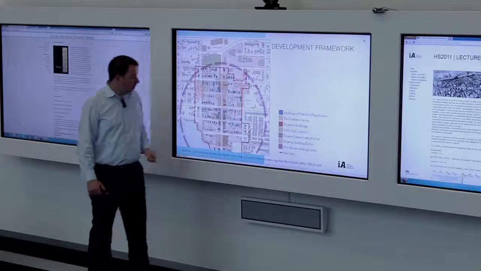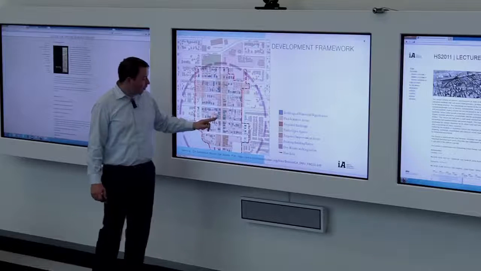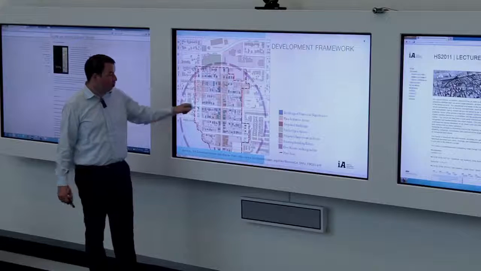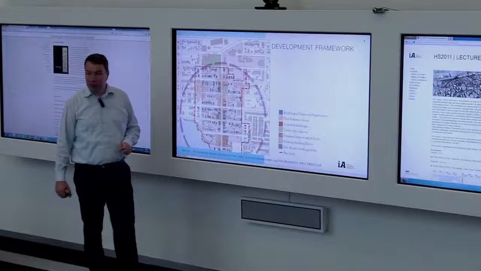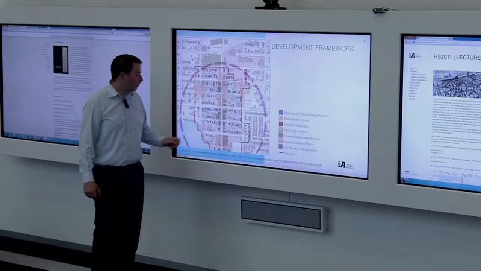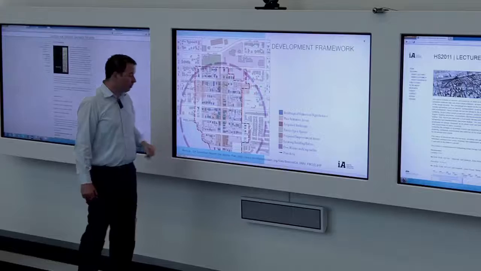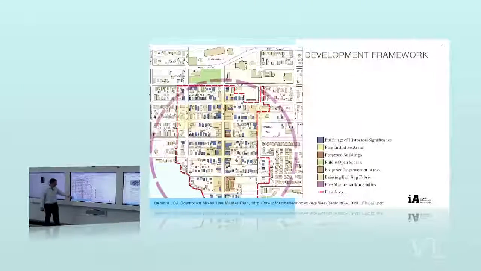The idea is that you have in that range a 5-minute walking route. That was one of the key development goals in this framework, that you always maintain this 5-minute circle for the inner core of the redevelopment area here.